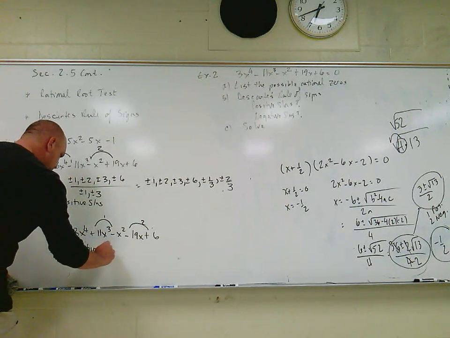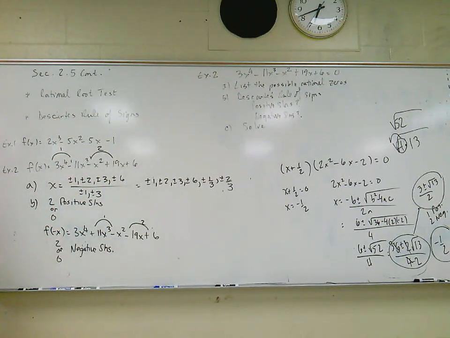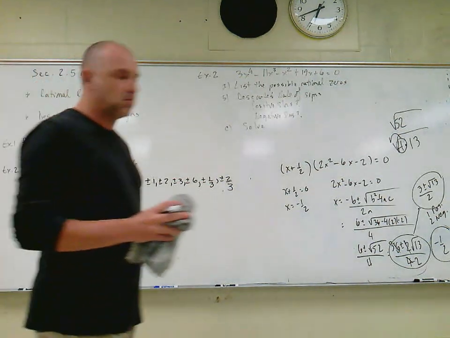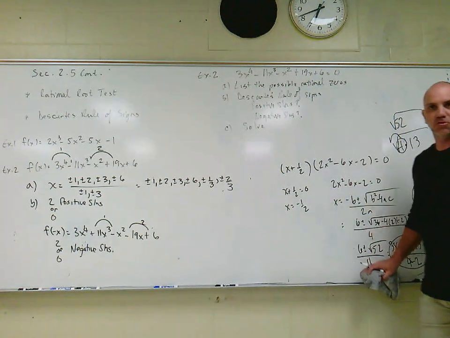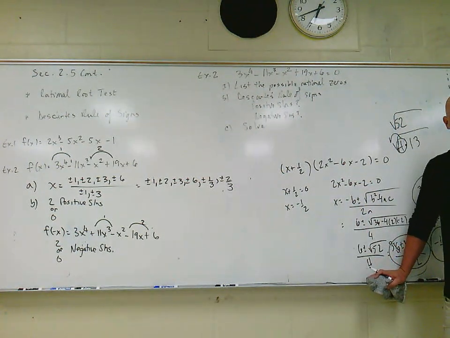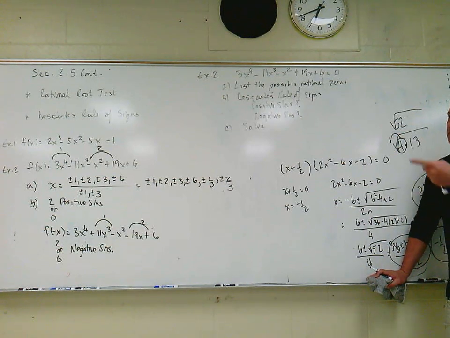All right. What does your gut tell you is going to happen? What do you feel is going to happen? How many total solutions are there? 4. How do you know there's 4? 4th degree. What does your gut say? You have to do that, but what do you think is going to happen? Like, is it possible you could have 2 positive and no negative?